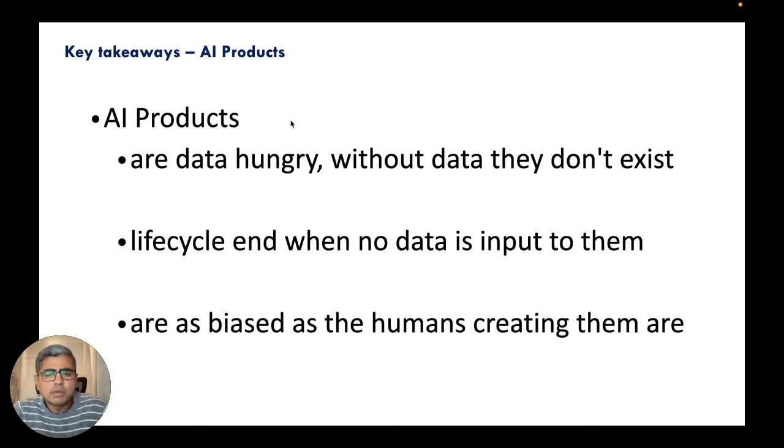So for example, with sell my home, if there are no transactions there, the predictions become stale and they don't work very well. But more importantly, they're as biased as the humans creating them. So if you're not able to pay attention to who sold the house, in which locality they are, then we should consider those variables to include in the prediction.